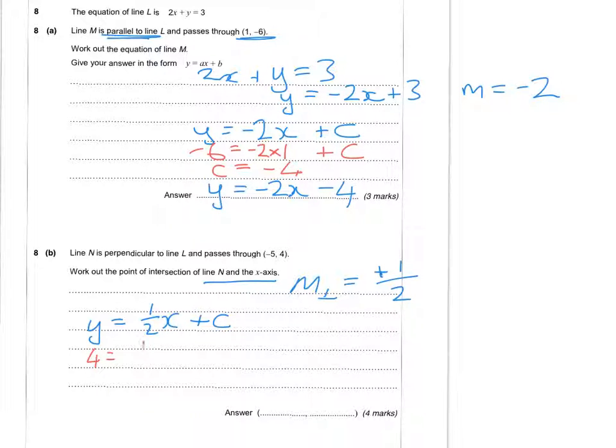4 is equal to a half of negative 5 plus c. So that's negative 2.5 plus c equals 4, c equals 6.5. So y is equal to a half x plus 6.5.